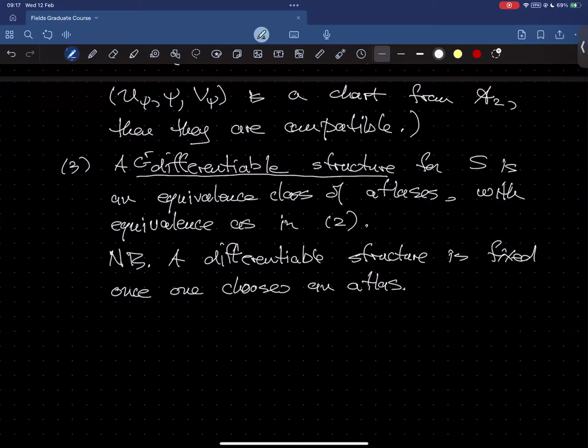Okay. All right. And then a C^r manifold is a set S with a C^r differentiable structure, of course.